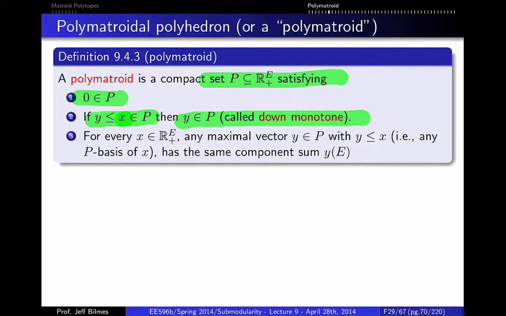So let's just call it down monotone. And then lastly, it has to be the case that if you take any vector x, then any maximal P-containing subvector of x, namely y, or any P basis of x, has to have the same component sum. So it's, again, exactly analogous to a matroid.